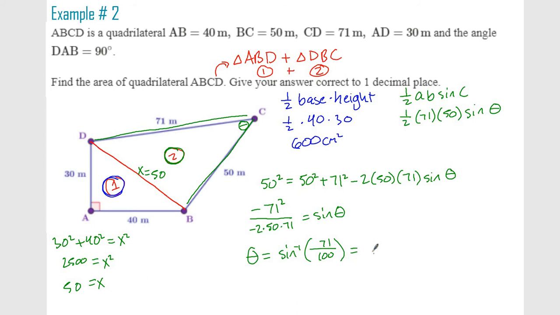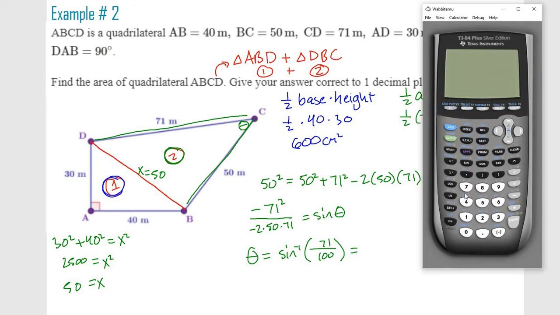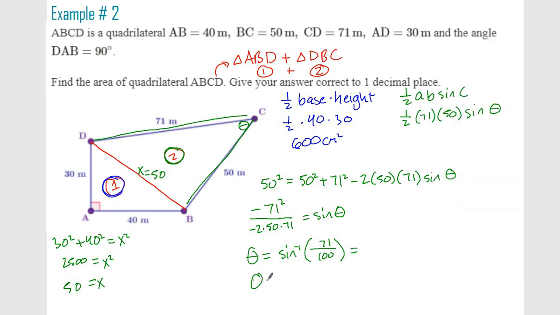I'm just making it a little shorter to plug into my calculator. So 0.71, and we get 45.23. All right, now we have our angle.